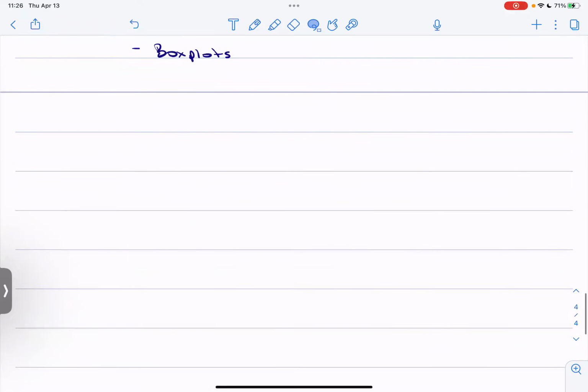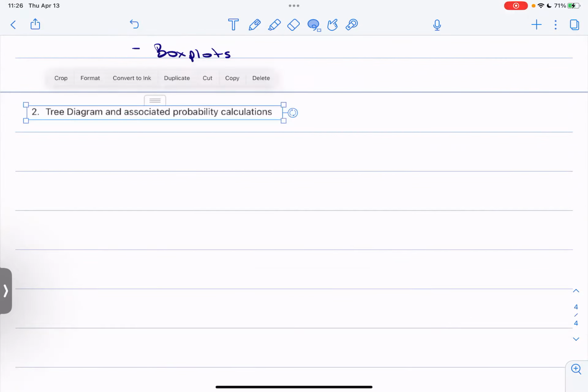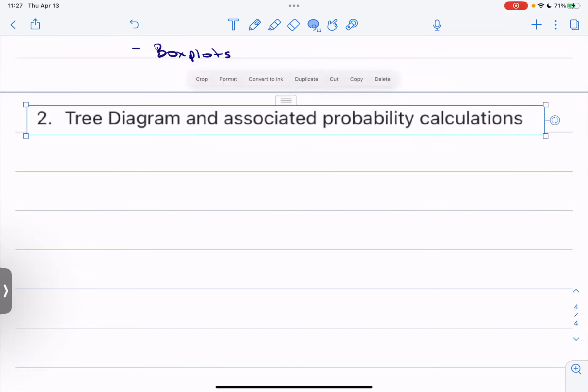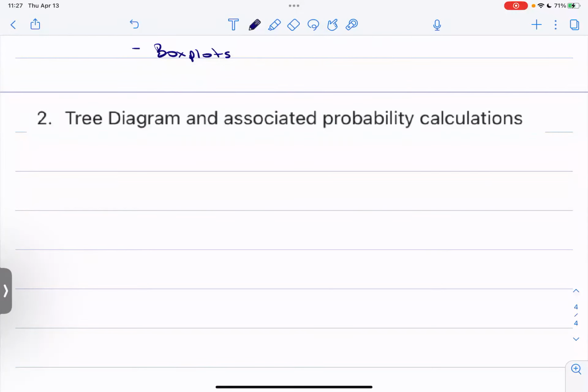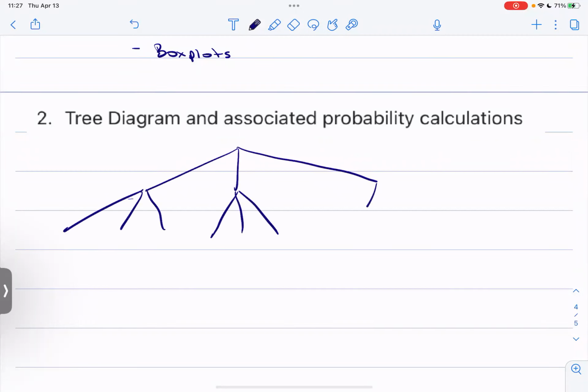Second one is a tree diagram. I'm sure I've had it at some point, but it's going to have 3 branches at the top, followed by another 3 branches. So that's what it's going to look like. I'll say 3 branches, 2 levels.